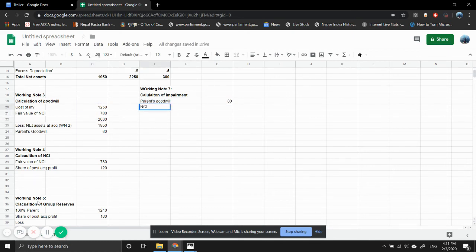So NCI's goodwill will be, if this is 60%, then what we do is that this figure divide by 60 into 40, right? So this will give us our total goodwill. Total goodwill, right?